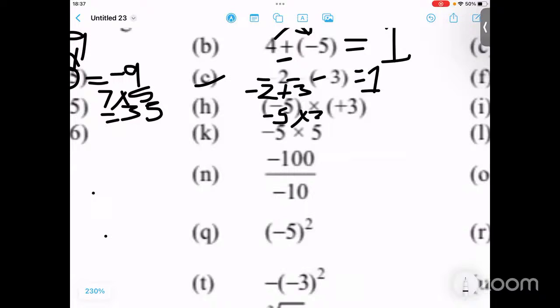Perfect, because when you remove the brackets and you have a negative number inside, with nothing before the bracket, it remains as it is. We just remove the positive, and we have -5 multiplied by 3, which is -15.